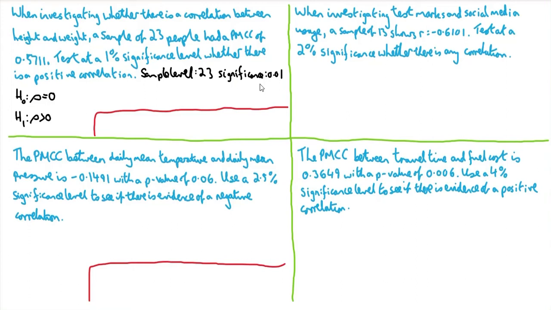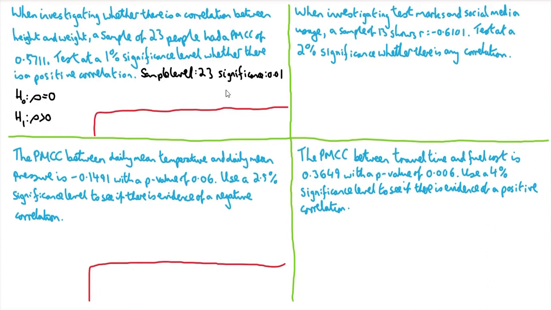Now, to perform the test itself, you may very well have a function in your calculator where you can just plug these figures in and it'll work it out for you. The critical value which you can then use to check for your alternate hypothesis.